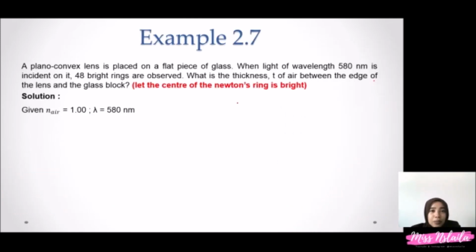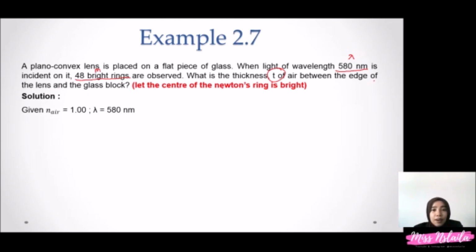Okay, let's do example 2.7. A plano convex lens is placed on a flat piece of glass. So from this statement, we know that this will produce a Newton's ring. When light of wavelength 580 nanometer is incident on it, 48 bright rings are observed. This is m. What is the thickness t of air in between the edge of the lens and the glass block?